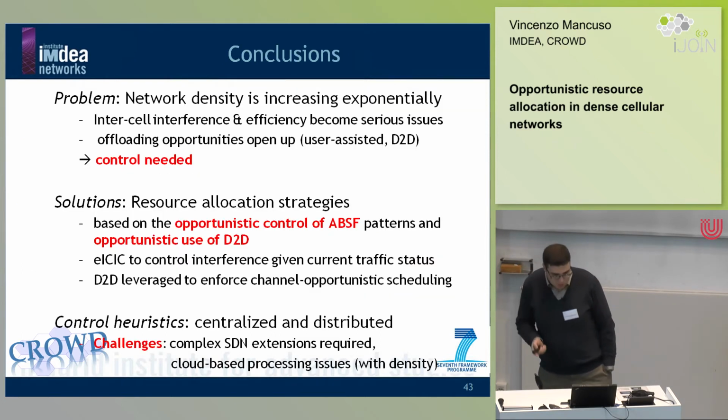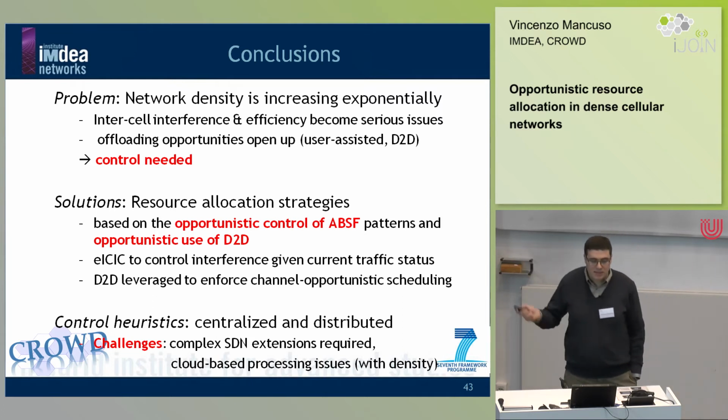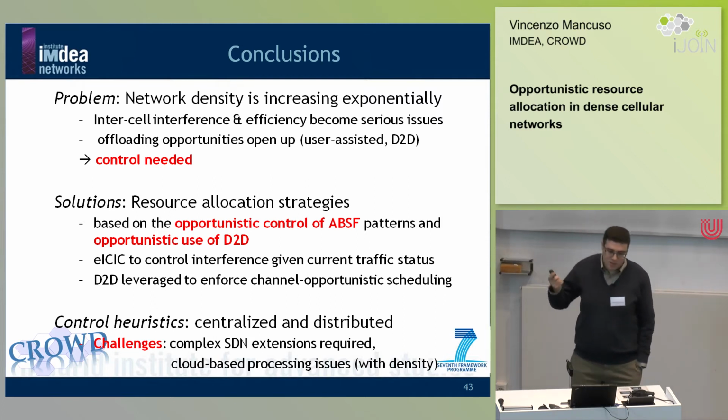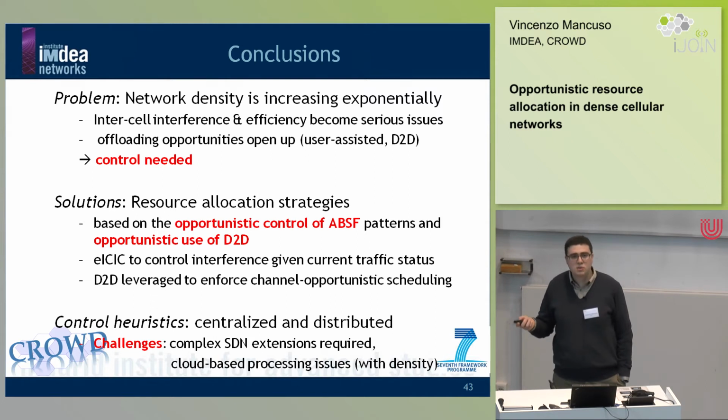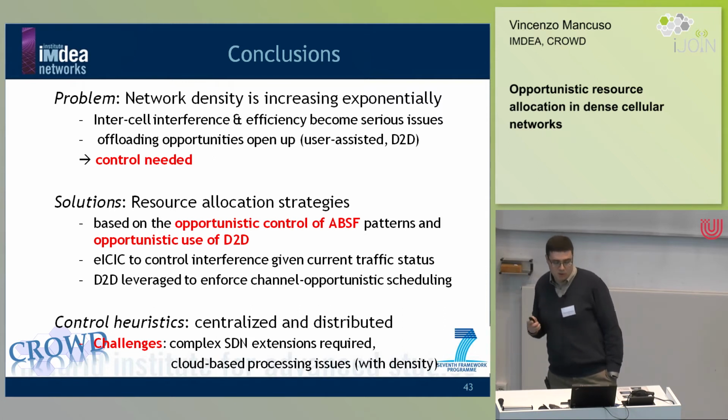Well, so just to conclude, the problem we are trying to tackle in crowd is the density of the network. Whatever is behind the network, the solution is at the MAC layer or resource allocation layer: strategies that could be opportunistic in the way you access the channels and let users interact with each other, controlled by SDN-like controllers.